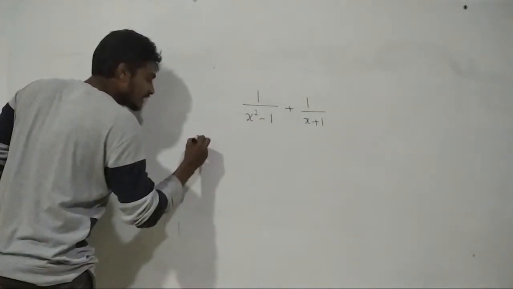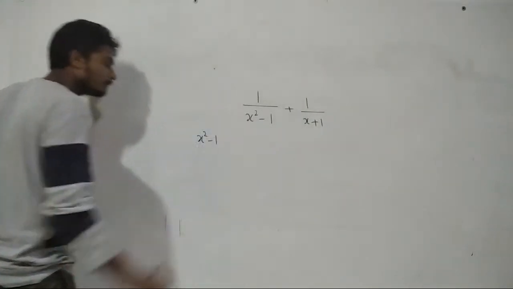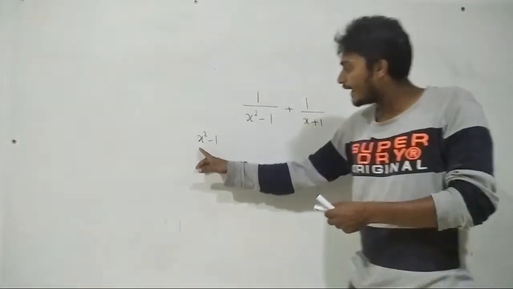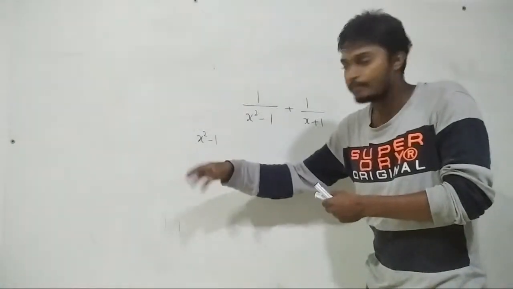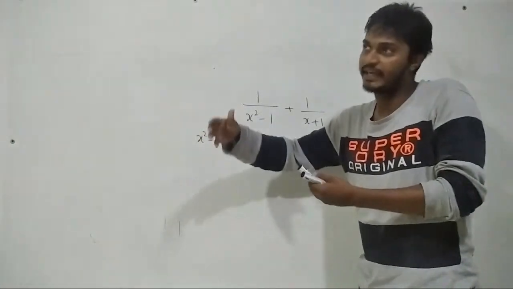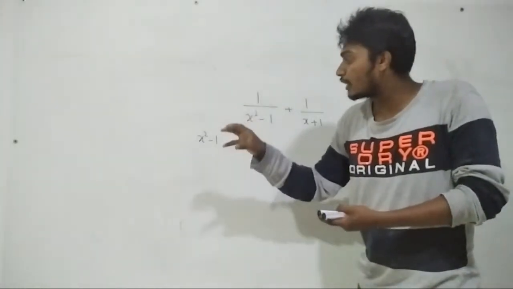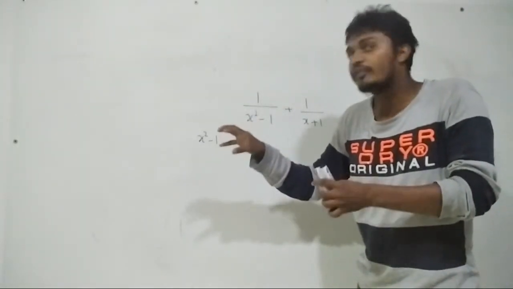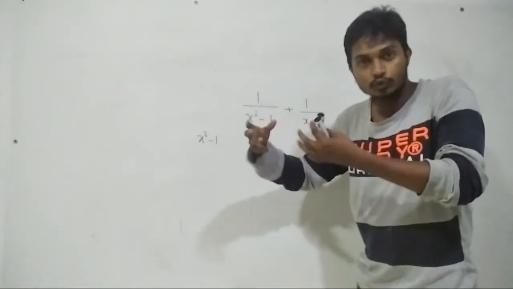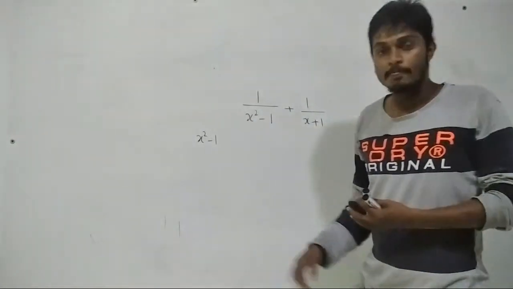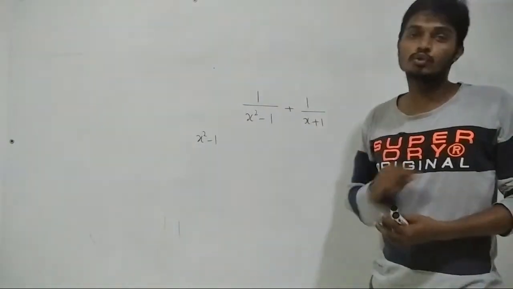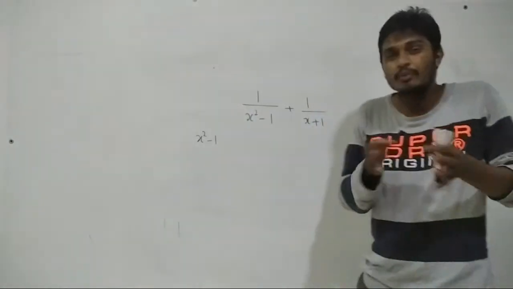If you consider this x squared minus 1, it's pretty sure that x squared is a square number, right? Because x into x is going to be x squared. And 1 is also a square number. Why is 1 a square number?